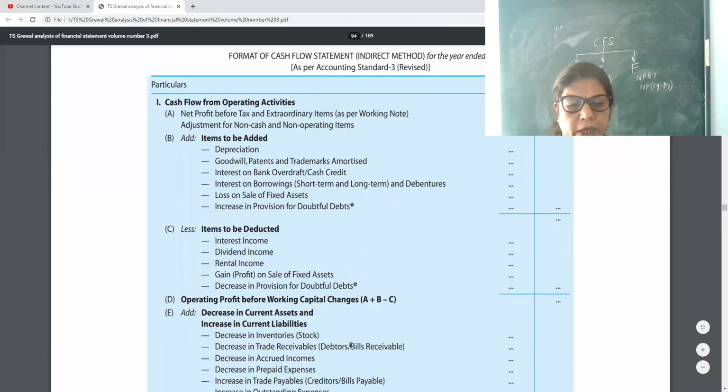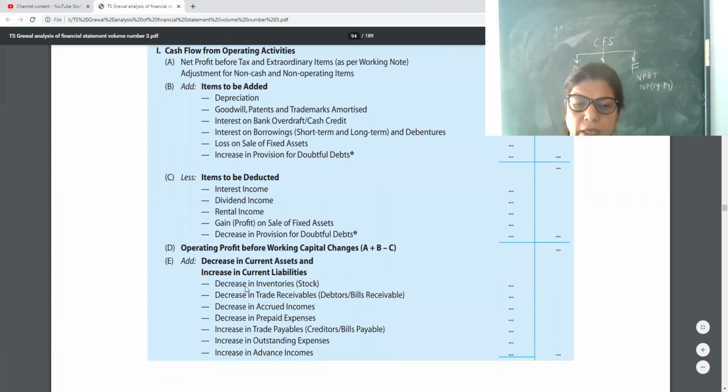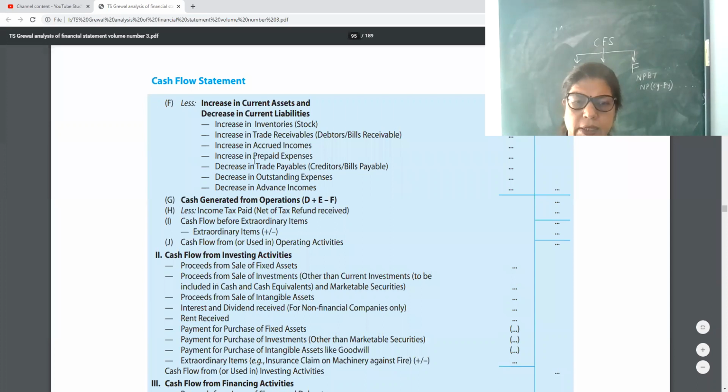This will come as OPBWC, operating profit before working capital changes, that you can learn. Then DCICL and ICA DCL should be subtracted. This will be cash generated, and when we pay less tax paid, simply provision of tax of previous year, that will be subtracted, that will be the operating activity.